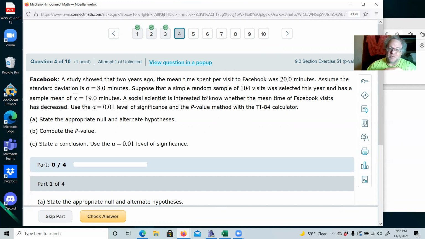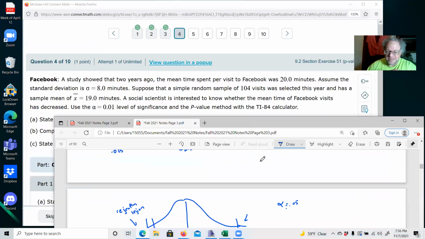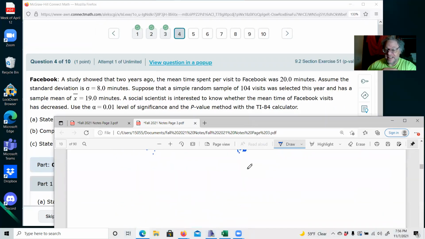So what does the scientist want to know? He's saying, I think people are going to Facebook less. If only that were true. And spending less time on it. Again, if only that were true. But we're going to test that. Okay, so here we go. We're going to say H0, H1.